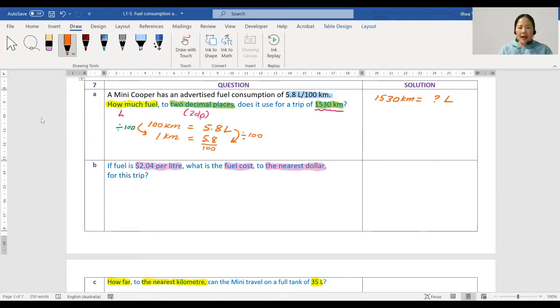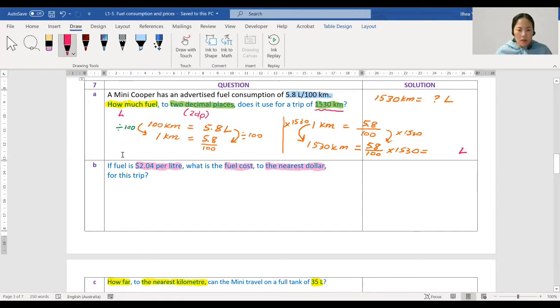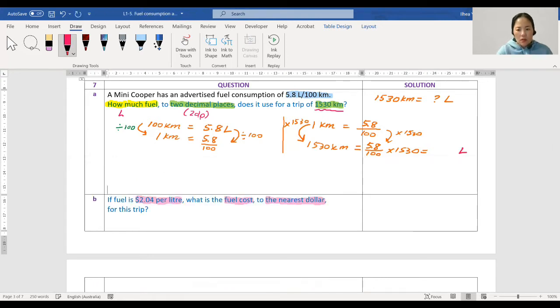Now from 1 kilometer, we need to go on to 1,530 kilometers. So what happens from here to here? Do you just times by 1,530? Yes, times by 1,530. What do you get? I got 88.74. It's correct.